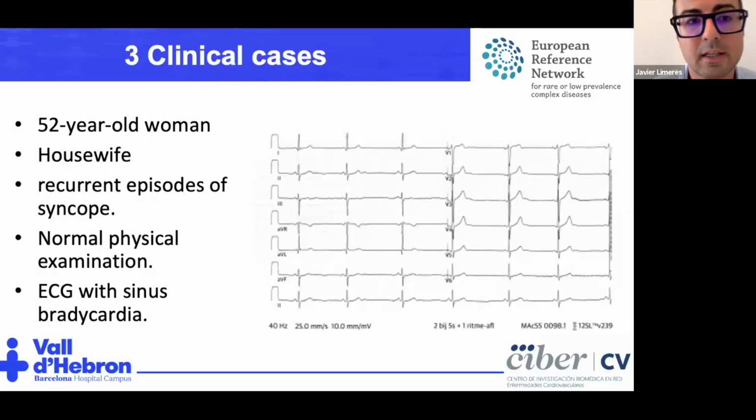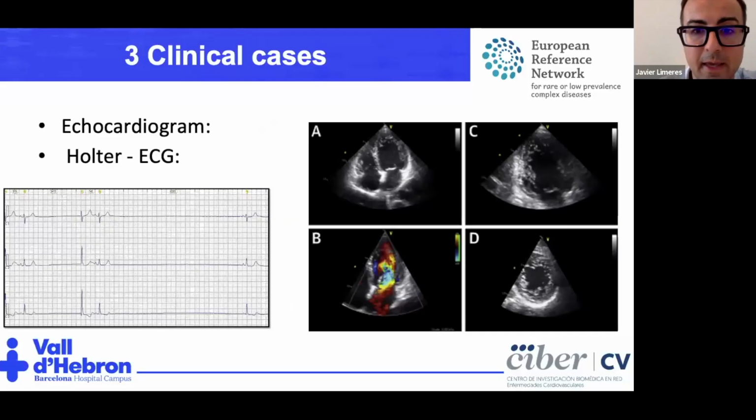But I show you this third case. In this case, the patient has symptoms: a woman with recurrent episodes of syncope. When we examine the patient, there is nothing important. But in the ECG, you can see a sinus bradycardia, like you see in this ECG.